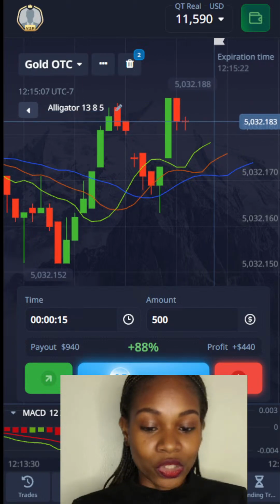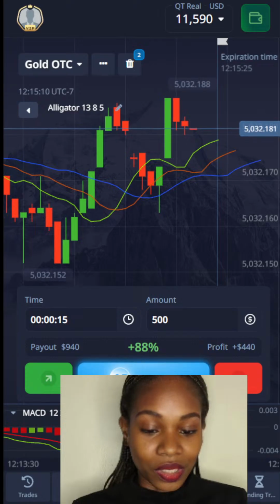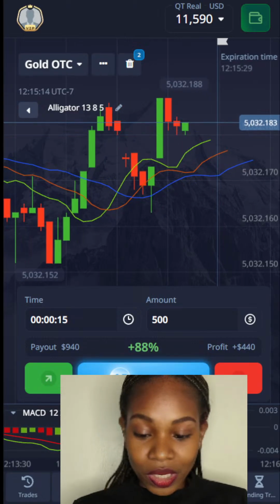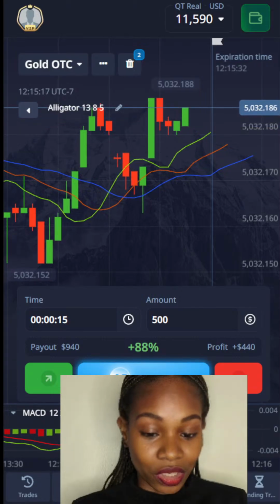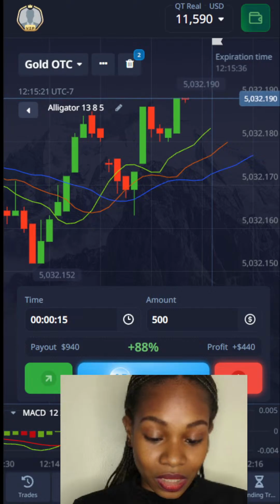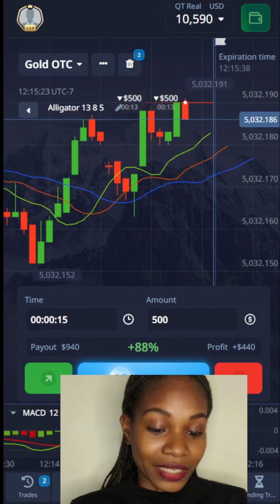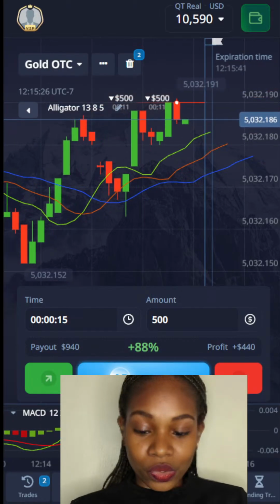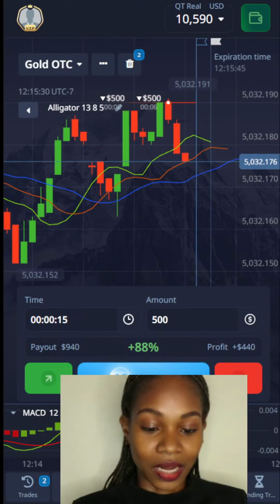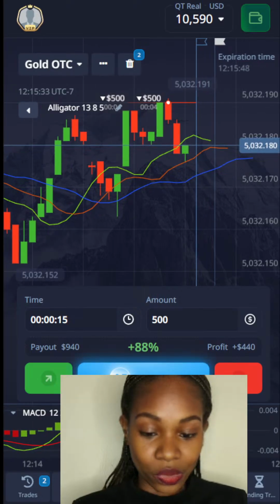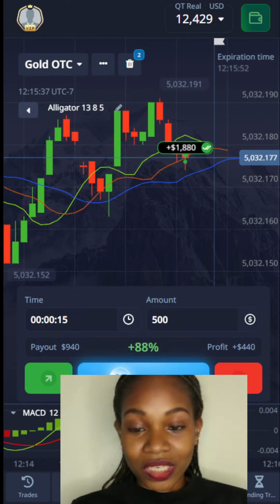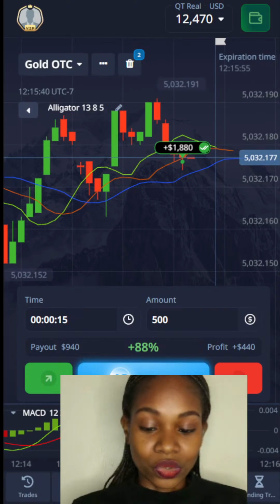So when you see them intertwined or entangled, that is when we can say the market is ranging or we are in a consolidation state or low volatility. Okay, so in that case, when these three lines are intertwined, are entangled, or they are moving sideways, we are not advised to do trades, okay?